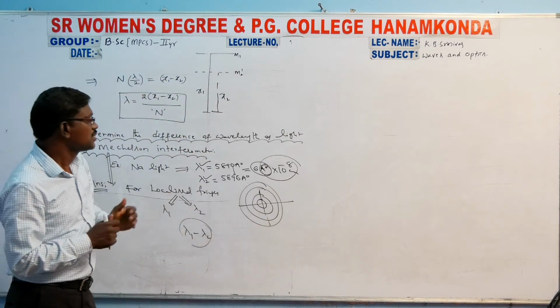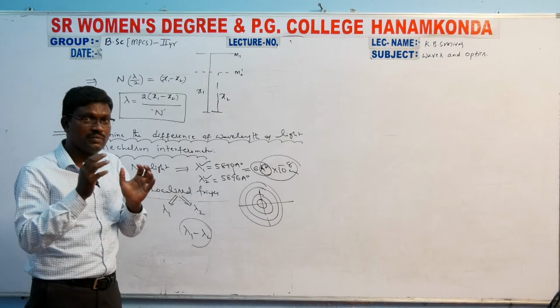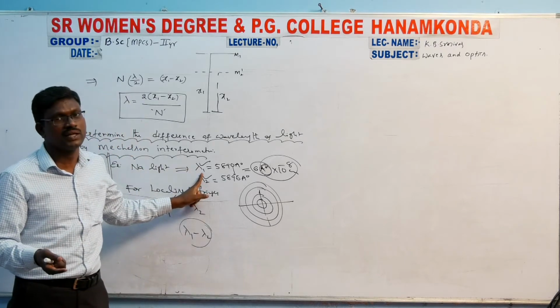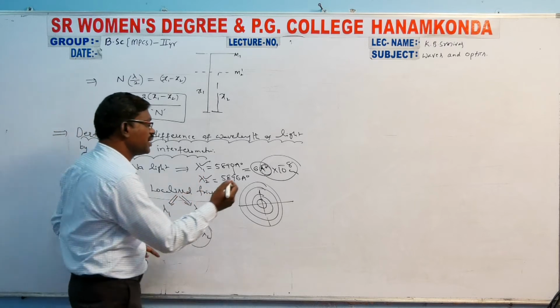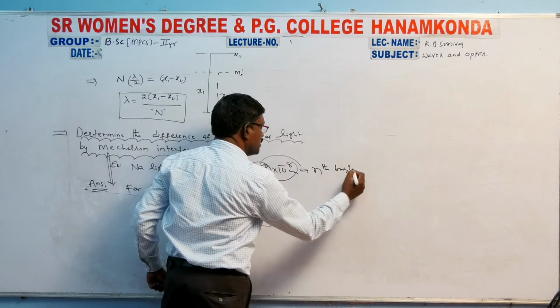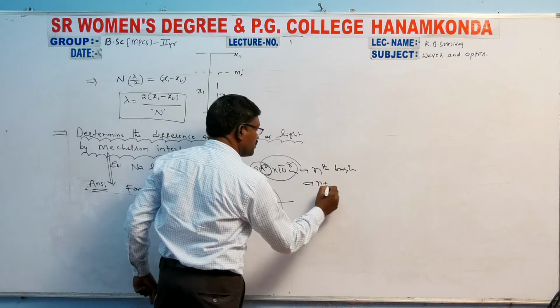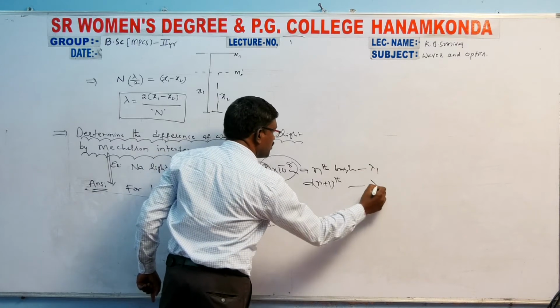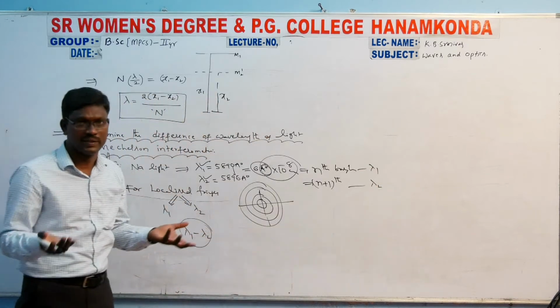If the M1 mirror is moving like this, what happens? The nth bright fringe of lambda 1 and the n plus 1th bright fringe of lambda 2 will be separated.